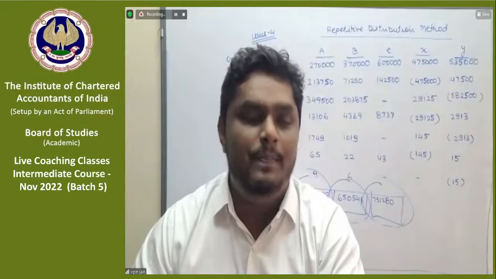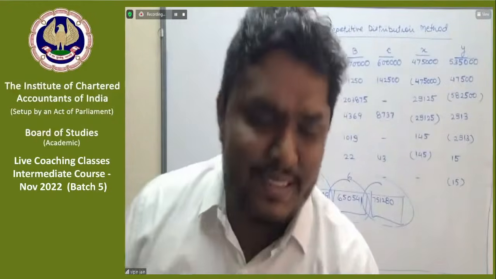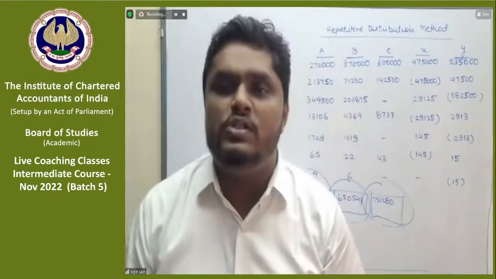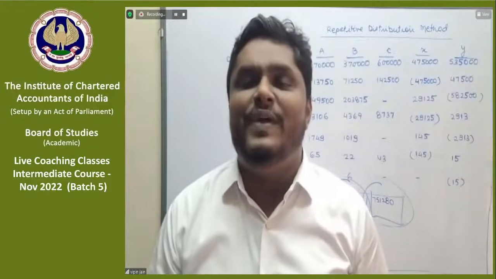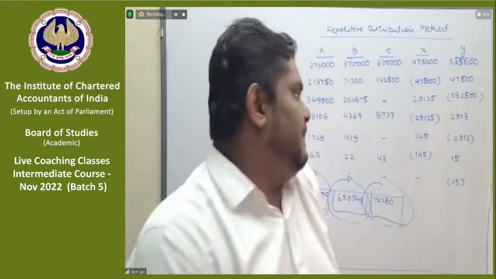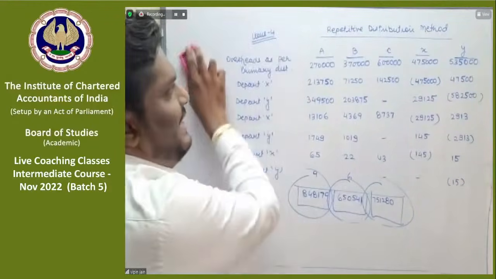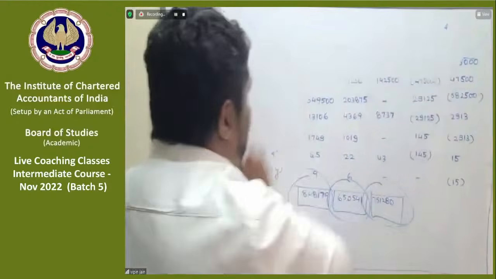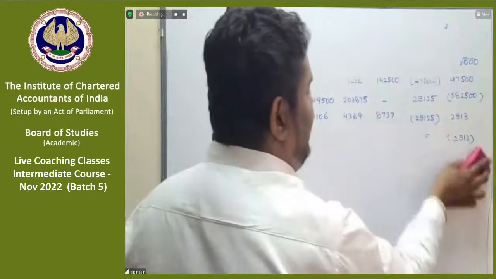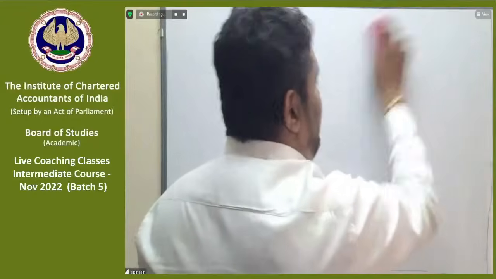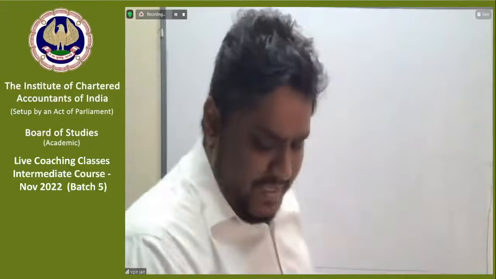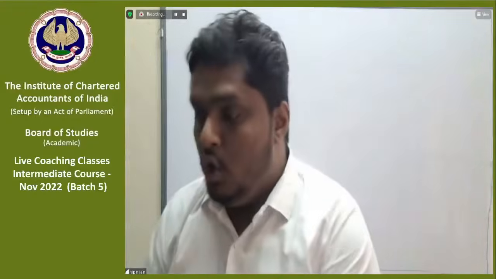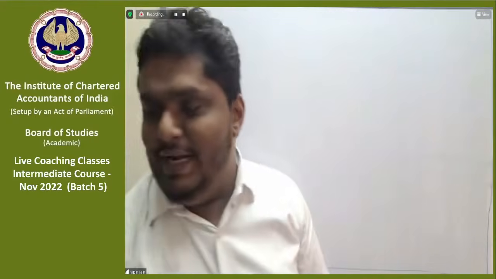Anyways, guys, let's discuss this question with the trial and error method, because many students are finding difficulty in it. As I said, this method is more or less similar to the repetitive distribution method, but still many students are facing queries. So let's start.